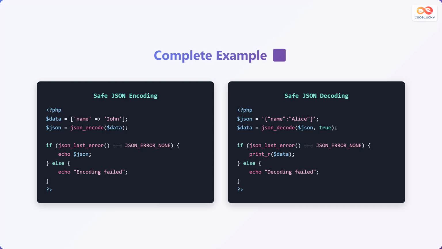Else printing encoding failed. For safe JSON decoding, variable json is equal to this string which has name, which is Alice. Variable data is equal to the function called json_decode with variable json as the input and true as the second argument. If function called json_last_error equal to JSON_ERROR_NONE, then printing the variable data. Else printing decoding failed.